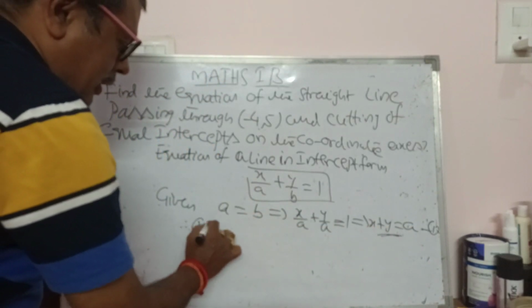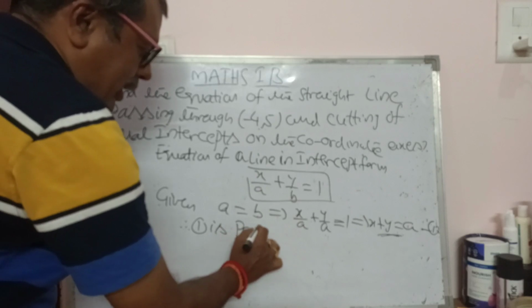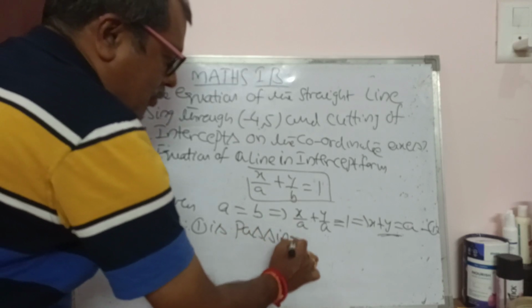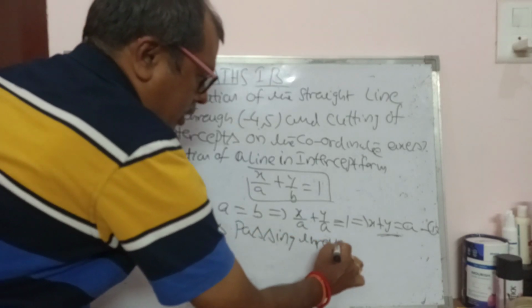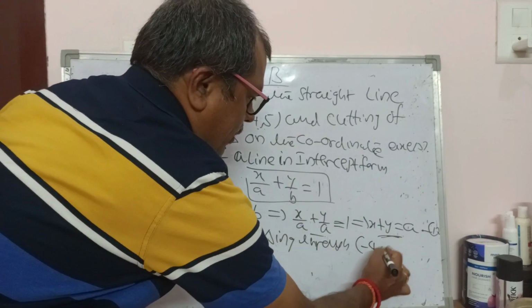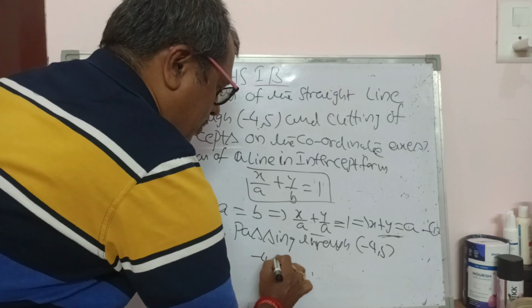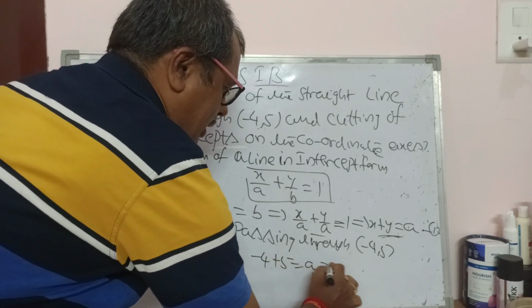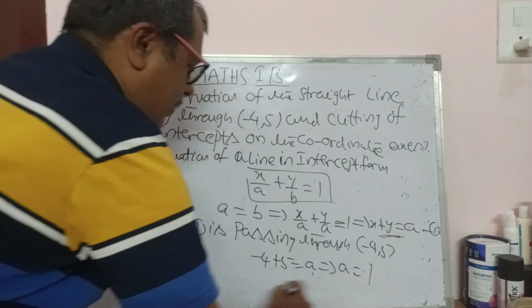But line equation 1 is passing through (minus 4, 5). That means minus 4 plus 5 is equal to a. This implies a is equal to 1.